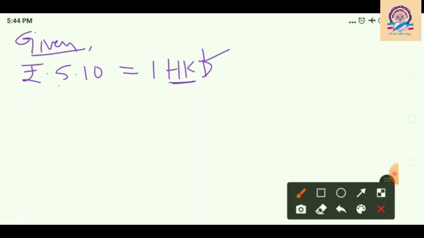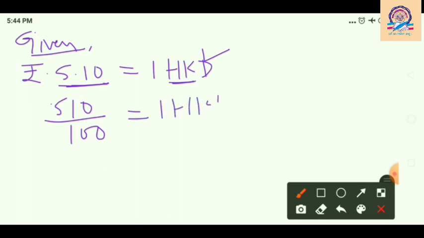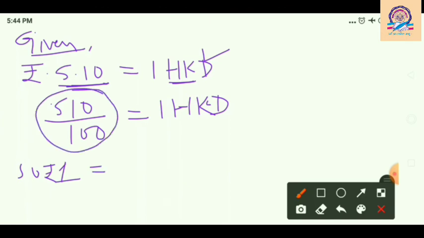Now convert this number into its fractional form. So it will be 510 upon 100. Now 1 it will be Hong Kong dollar. So 1 rupee will make how many Hong Kong dollars? So once again same thing, this number you have to change, means you have to interchange to the right side.